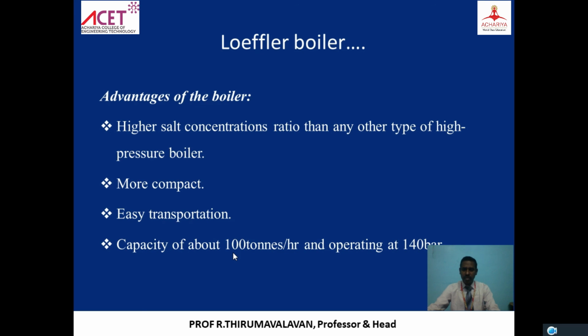For processing in other industries they go for 50 tons, the Lamont boiler, and for medium size industries, Benson boilers and other higher capacities. If you want higher capacities, they can go for Loeffler boilers, because the Benson boiler is 170 tons per hour and the Loeffler boiler is 100 tons, so this is a medium capacity.